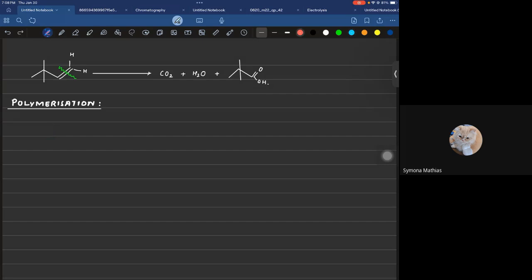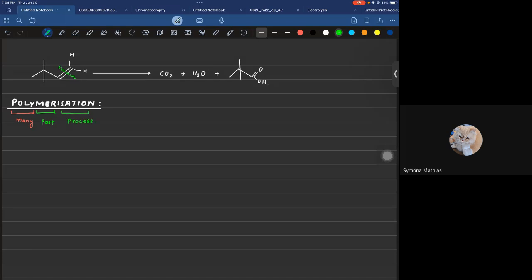Poly means many, mer means part, and zation means process.